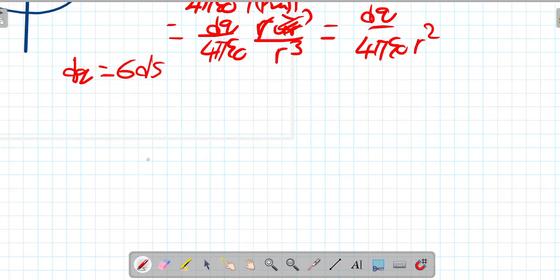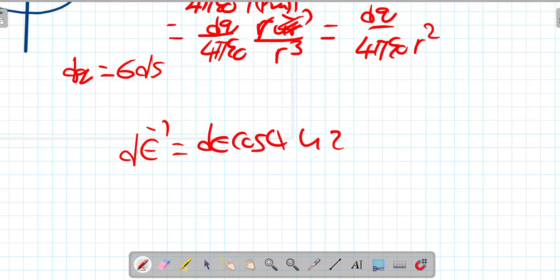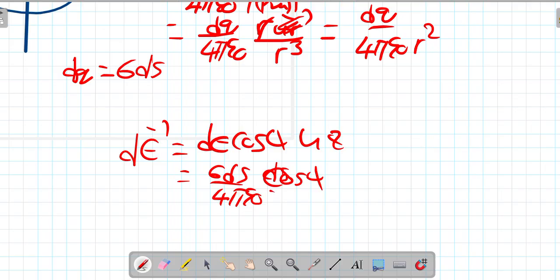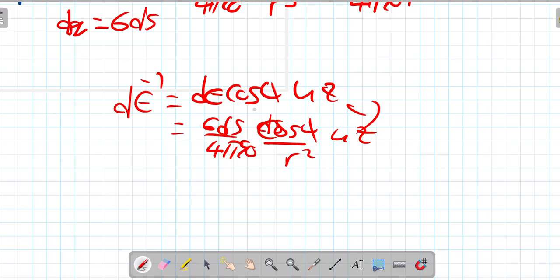So dE is given by dE cos alpha in the direction of uz, where dE was given by sigma dS over 4 pi epsilon 0, then dS cos alpha over r squared, in the direction of z, of course. Now you're identifying what this term is.